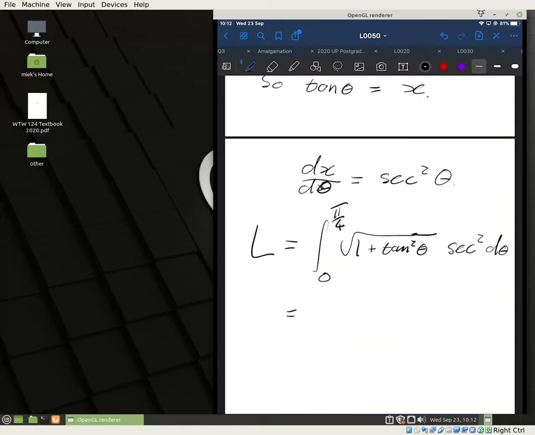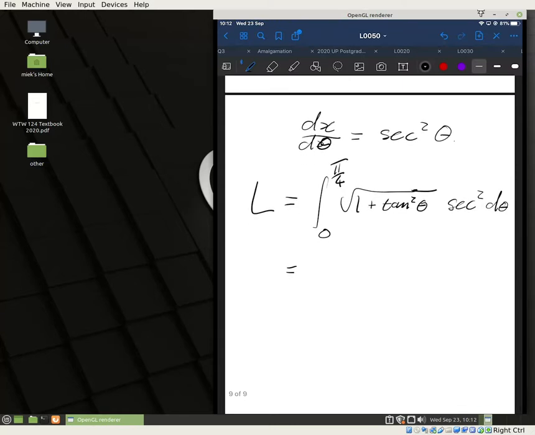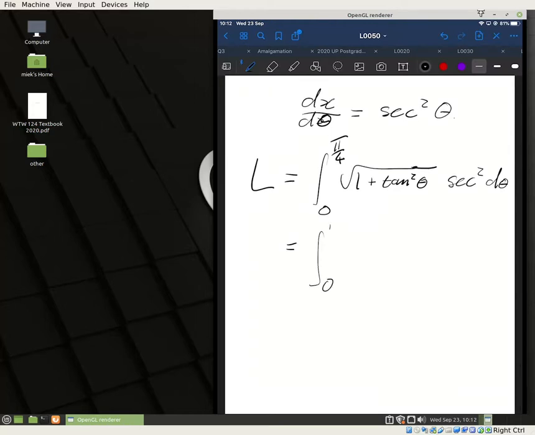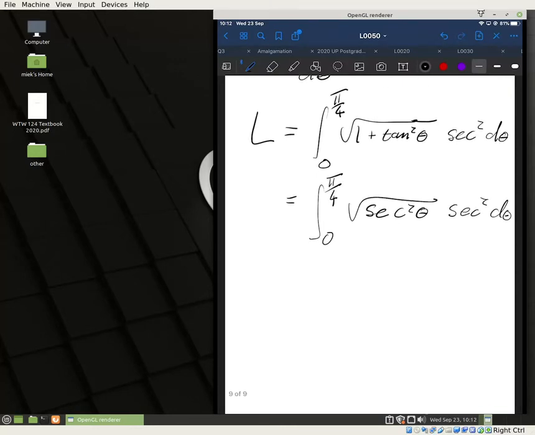Okay, and now we use the identity that 1 plus tan squared theta is equal to sec squared theta. This is equal to the square root of sec squared theta, times sec squared theta d theta, and on the interval 0 to pi over 4, what do we see? Let's just think about the cosine.